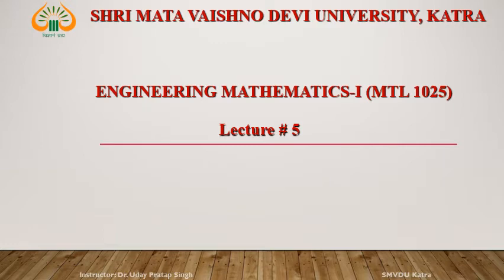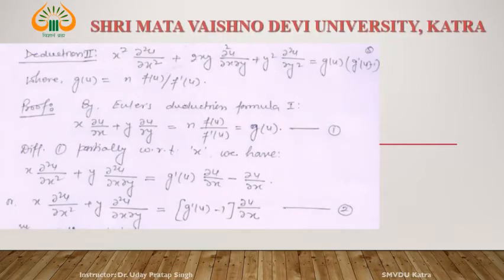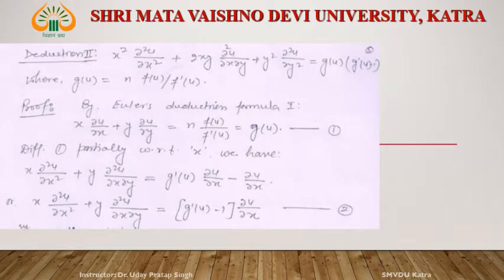Now let us see one more deduction, deduction number 2, using Euler's theorem. What is deduction number 2? It states that u is some function of x, y.